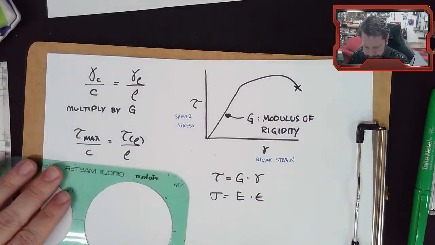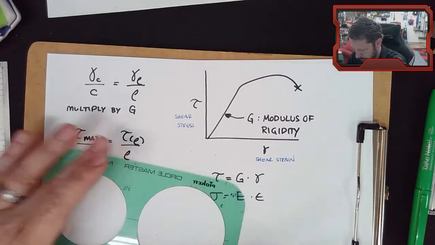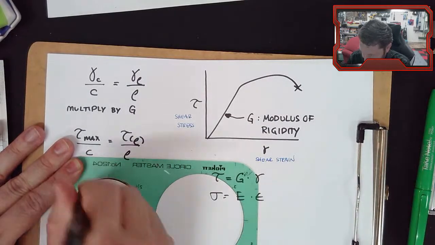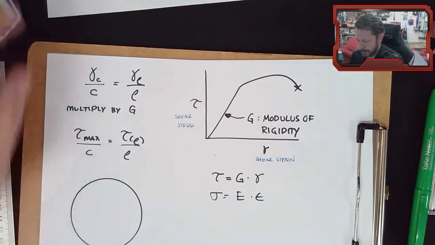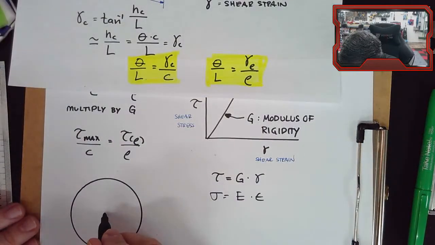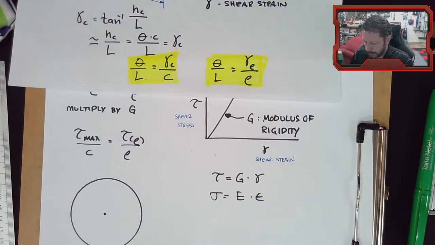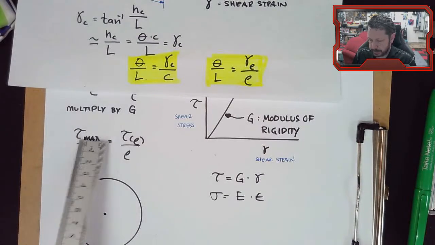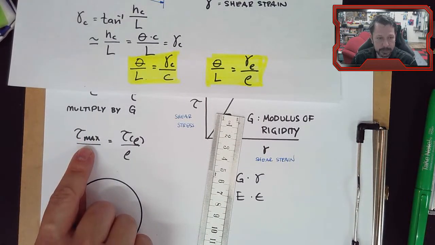So it's a circle. Let's look at this size circle. All right, so there's the in view of this guy. It has a center point, and we do know a couple of things. We know that at the surface is where I have maximum stress.